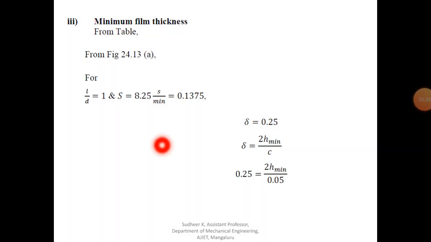Now coming to the third question, that is minimum oil film thickness, from figure 24.13a. You can find the L by D ratio, where L is the length of bearing and D is the diameter of journal.